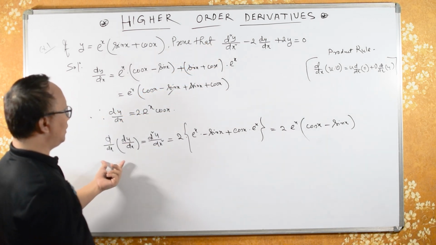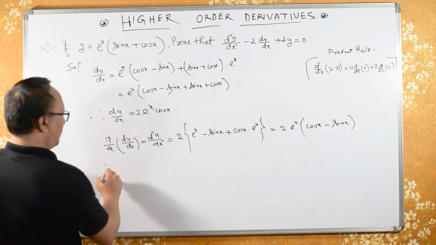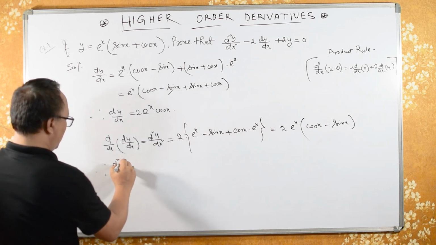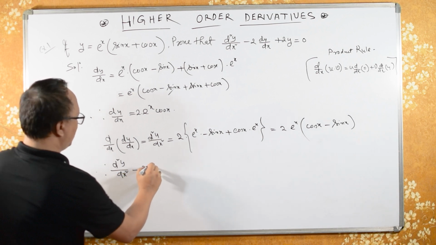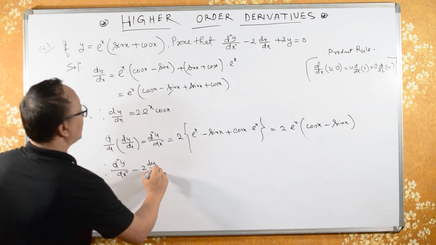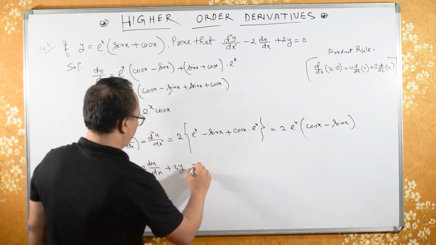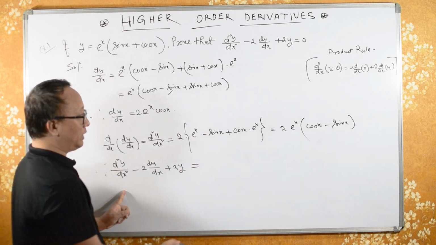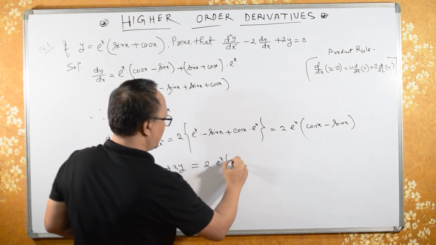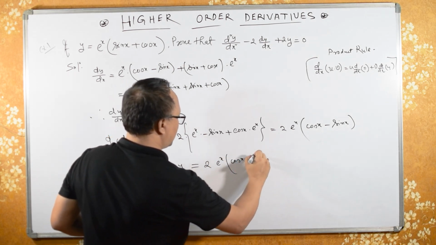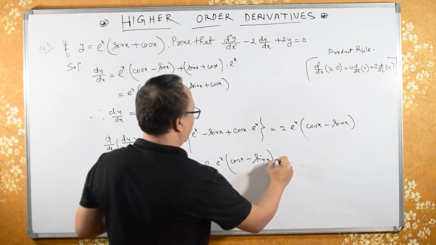Therefore, write d2y by dx square minus 2 dy by dx plus 2y equals what? d2y by dx square is this: 2 into e raised to x, cos x minus sin x, minus 2.